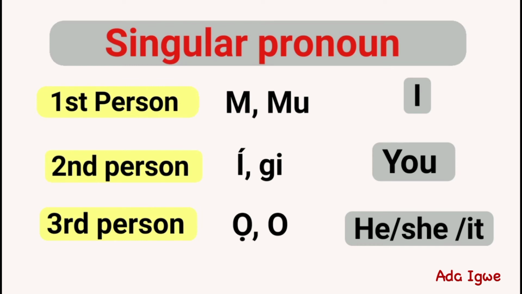Then the third person singular pronoun is called ọ, which is equivalent to the English usage of he, she, and it.